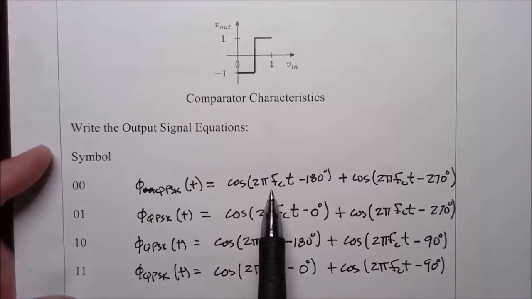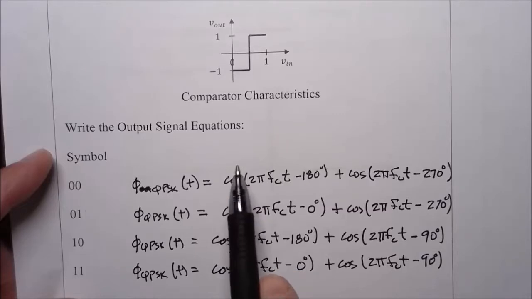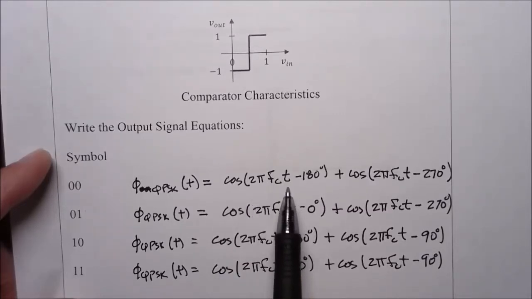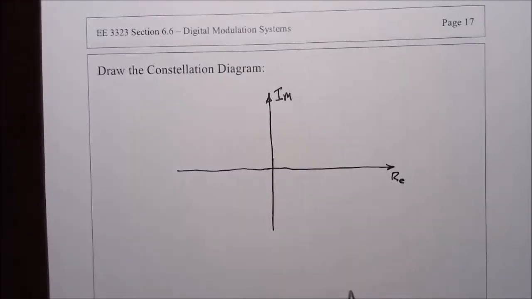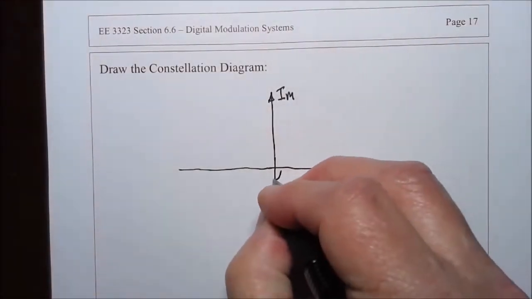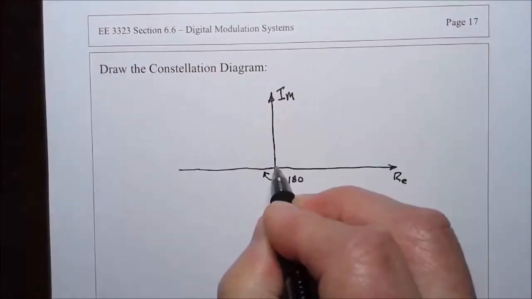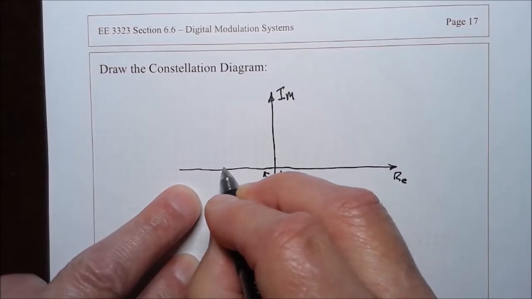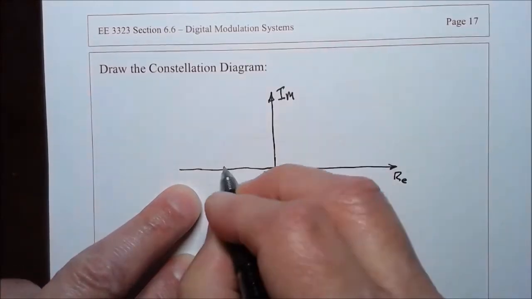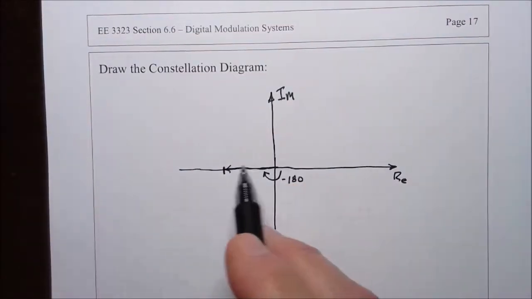We have a cosine 2 pi FCT minus 180. The phasor for this cosine has an amplitude of 1 and an angle of minus 180. So with an angle of minus 180 and an amplitude of 1, it lies right there, if we were to draw it in as an arrow, as a phasor.